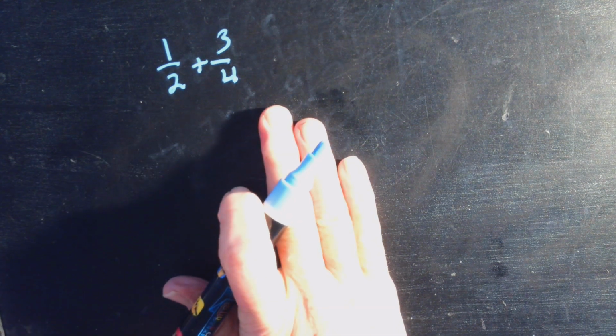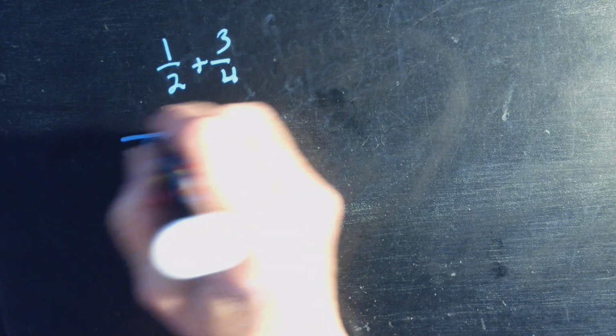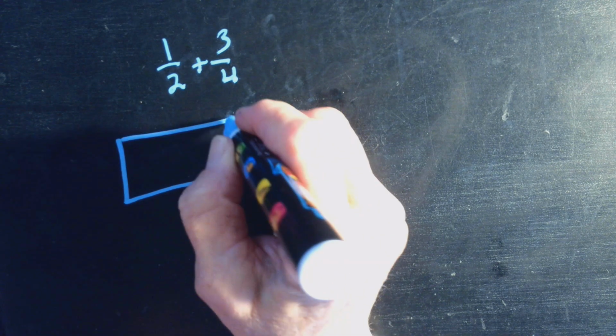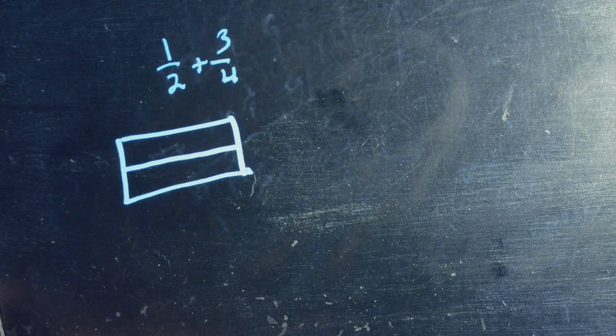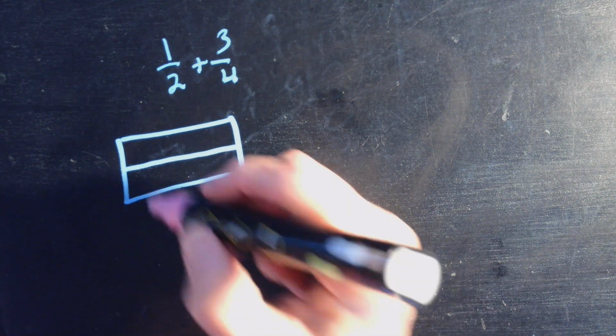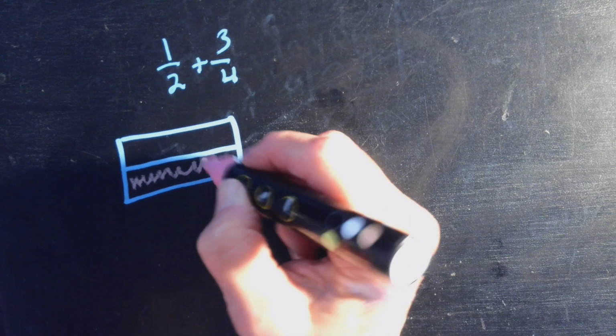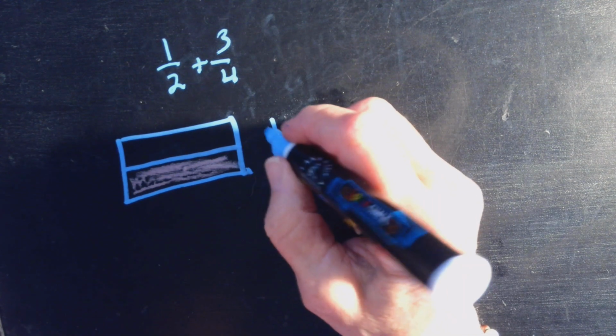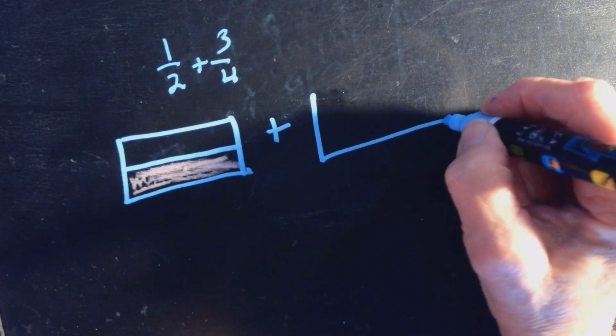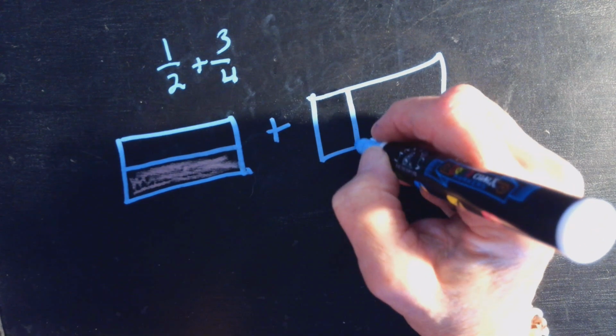This is 1/2 plus 3/4. So I'm going to draw my model for 1/2. There's 1 colored in. And then I'm going to add 3/4.